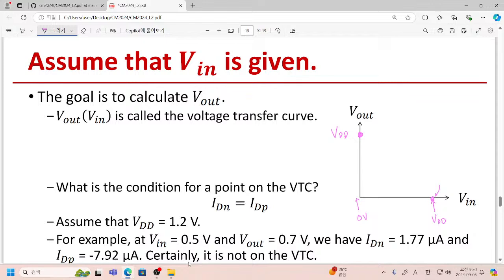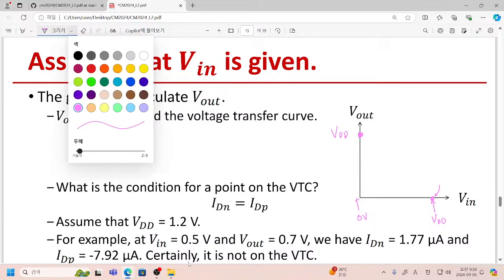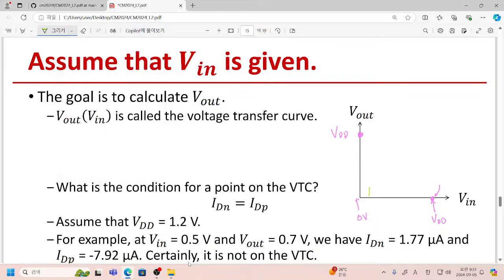In these two extreme cases, we have clearly defined input and output characteristics. Then, how about your input degraded a little bit, in the sense of closeness to 0 and VDD? For example, if you have this input voltage or that input voltage, then what will happen?